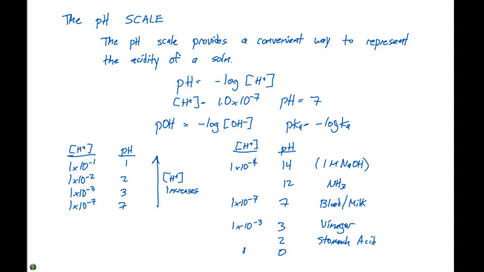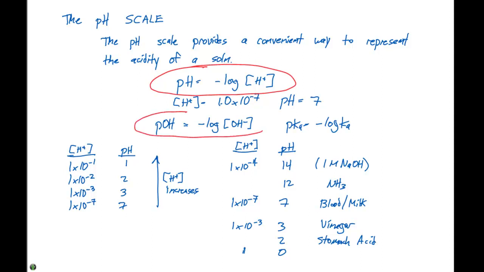So we're going to do many calculations involving pH, and the key thing here is that whenever you see a lowercase p in front of something, such as the pH, it's going to be the negative log of the H plus concentration.